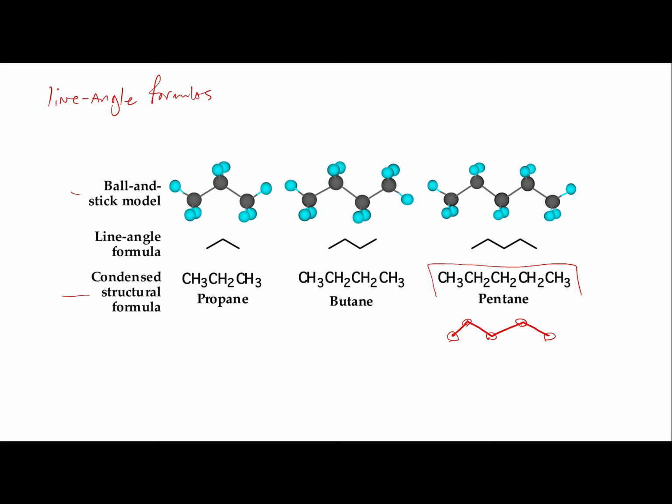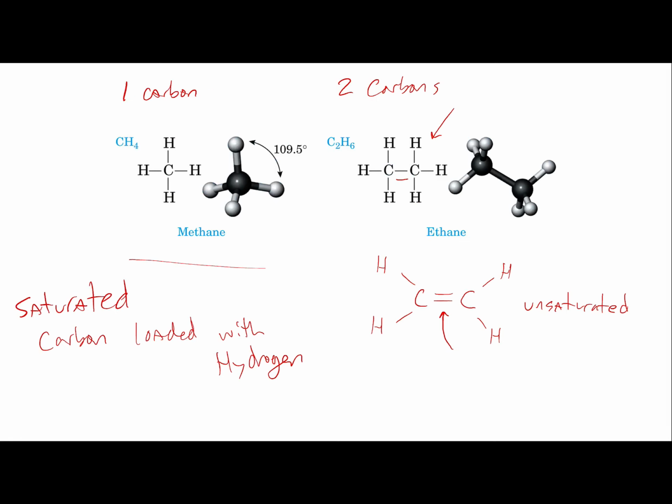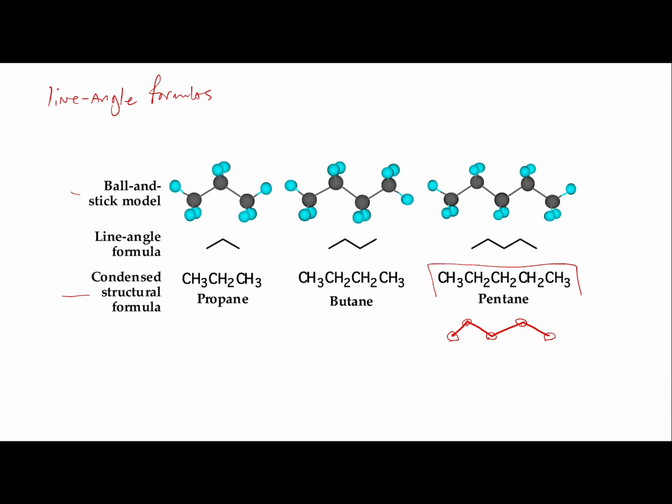We know that because we don't see any double bonds. I hope the previous slide can help illustrate why a double bond automatically means that we are unsaturated and have fewer hydrogens. So with no double bonds, we can assume these are saturated.